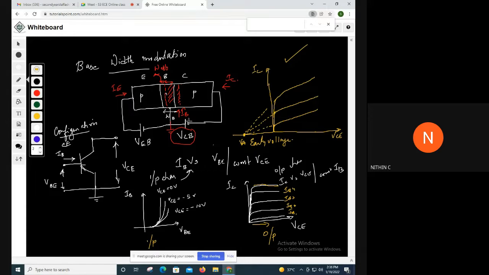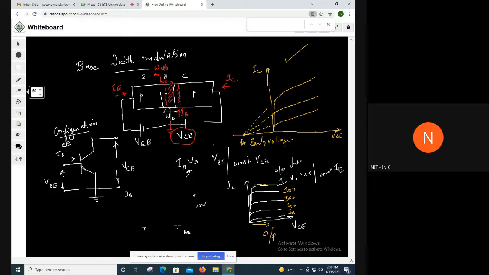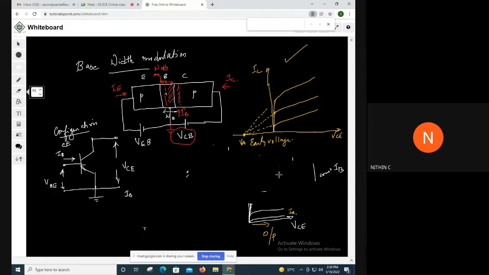Okay, so there is a point we needed to complete earlier, which I will tell now. For that I need to draw one more figure that I will show now.